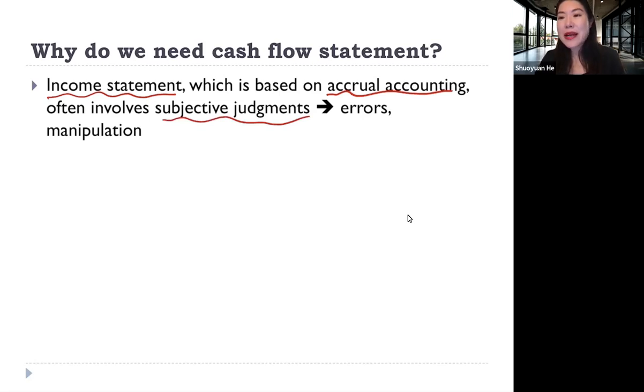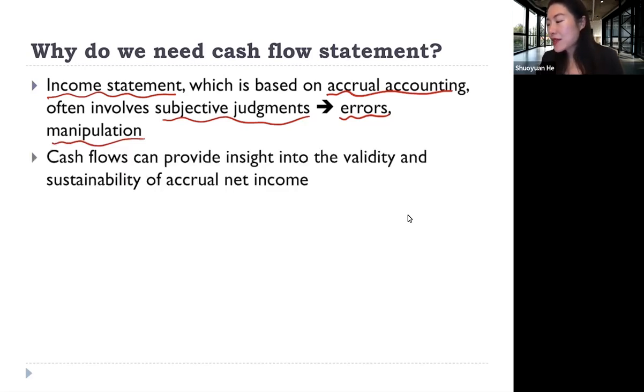So it is based on accrual accounting, as we mentioned in the previous class. Accrual accounting involves estimates. And the problem with estimation is it can be subject to either unintentional errors or intentional manipulation. And also cash flow can provide insight into the validity and sustainability of accrued net income.